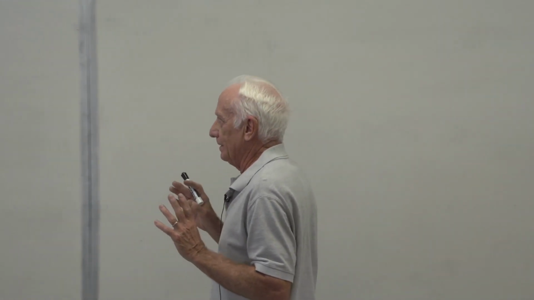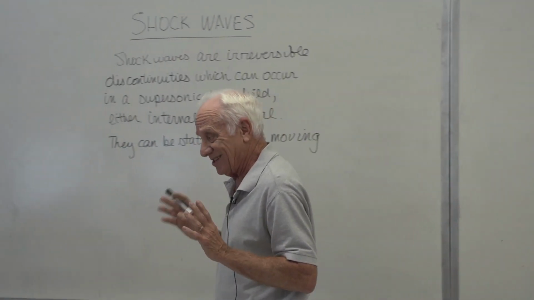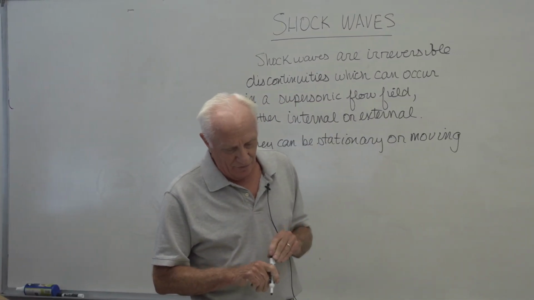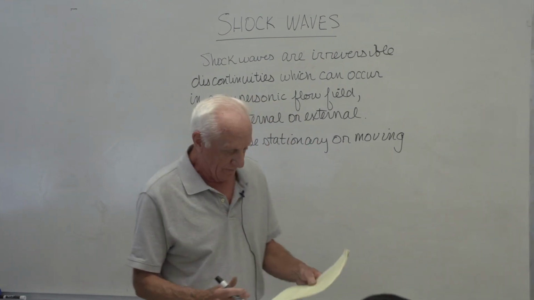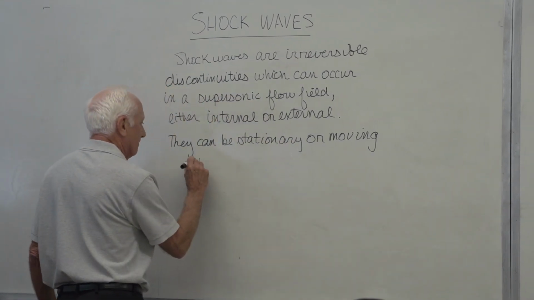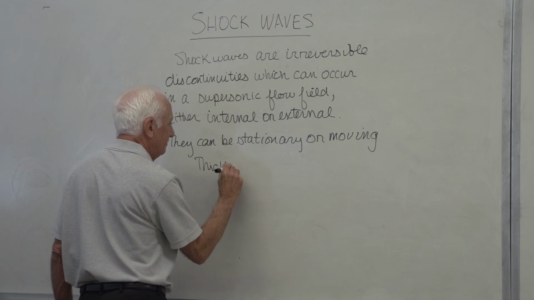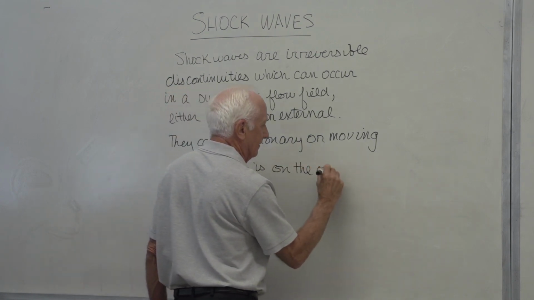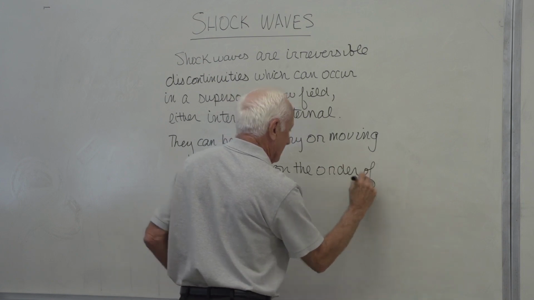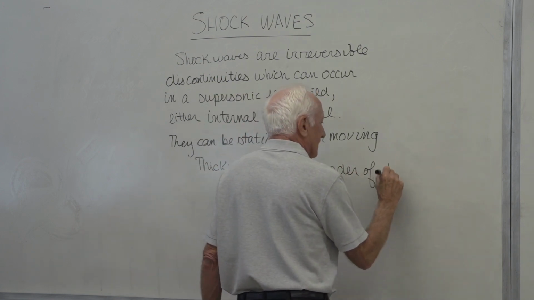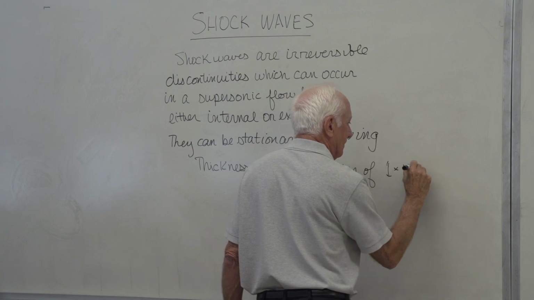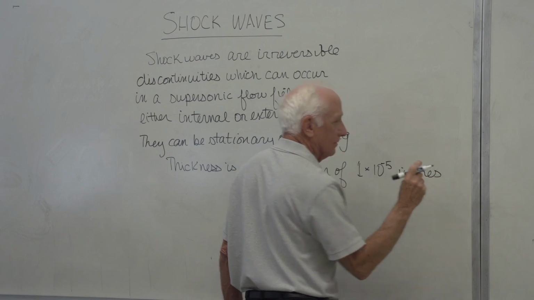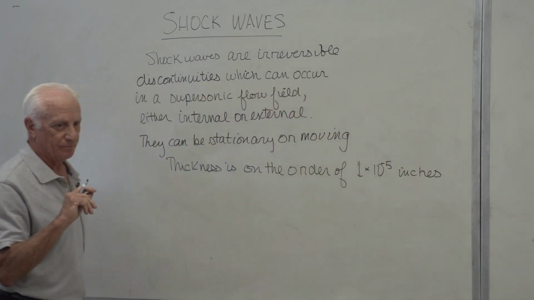Okay, their discontinuities tell you something. That means there's a sudden change in something, a discontinuous change. The reason why it's pretty much discontinuous, first of all, is their thickness, which is on the order of 1 times 10 to the minus 5 inches. So they're very, very thin.